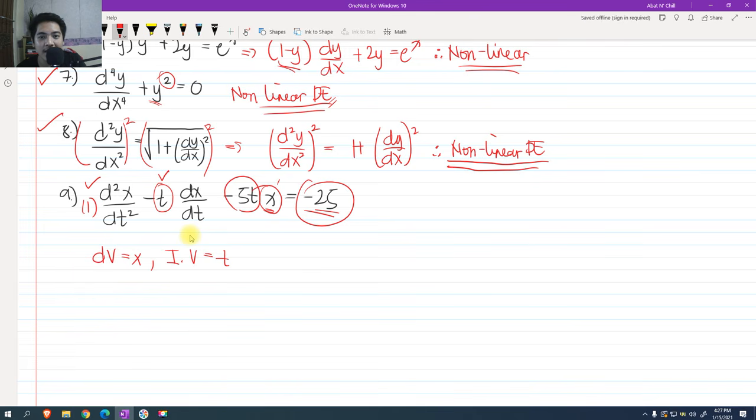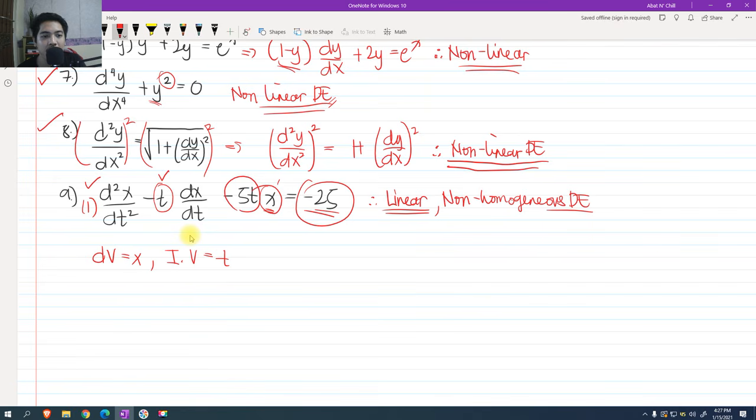So technically, this is classified as a linear differential equation. And since the f of t, the right side here, is not equal to 0, then that is a non-homogeneous differential equation.